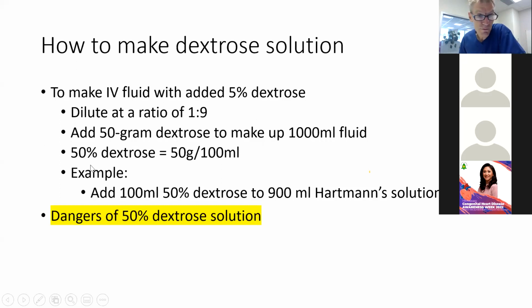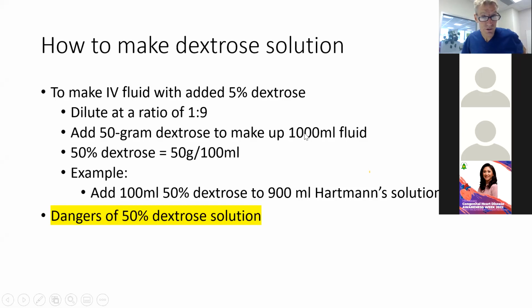To make 50 grams of glucose, if you use 50% dextrose, then the 50 grams will be in 100 mils, right? So you need to add 100 mils of 50% dextrose to 900 mils of Hartmann's solution, and then you'll get Hartmann's solution and 5% glucose.